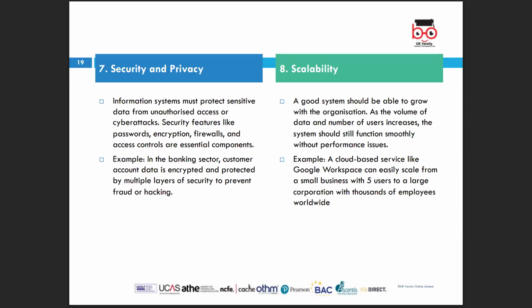When it comes to scalability, a good system should be able to grow with the organization, as the volume of data and number of users increase. The system should still function smoothly without performance issues.